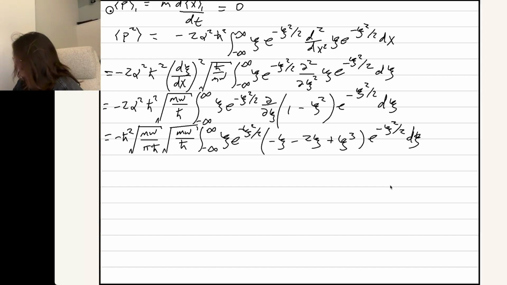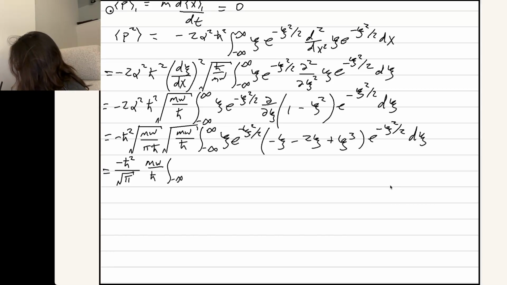Right? Yeah. I'm getting really tired of all these x's now. Simplifying the prefactor a bit, we just have ħ squared over root pi. But then these guys combine into just mω over ħ. So that's nice.